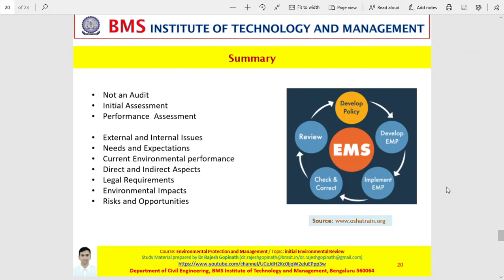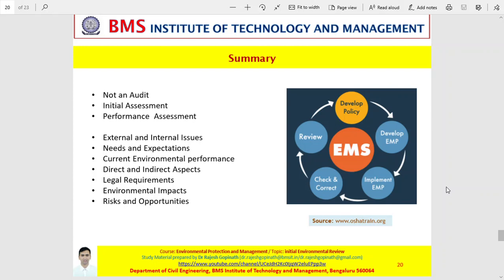Thirdly, it gives a snapshot of the organization's current environmental performance, that is, all its existing practices and procedures that concern environmental management. Next, it's about the identification of the direct and indirect environmental aspects and impacts.